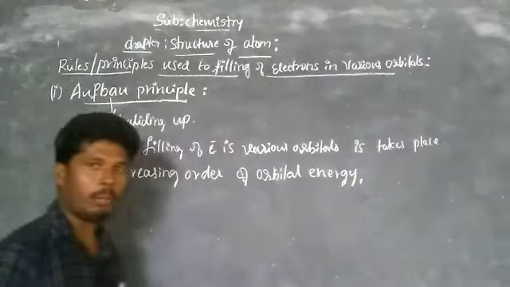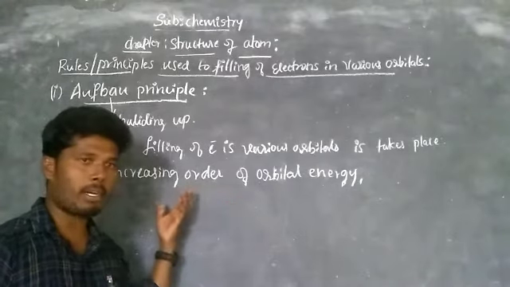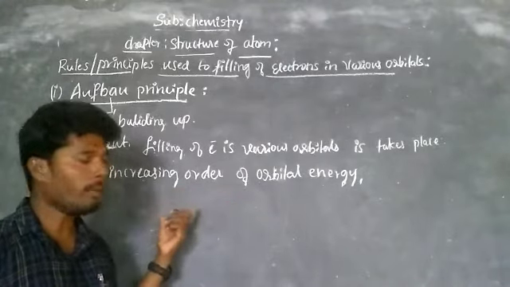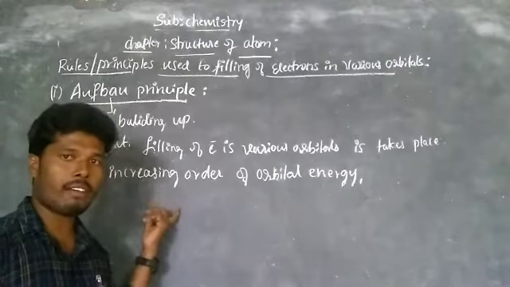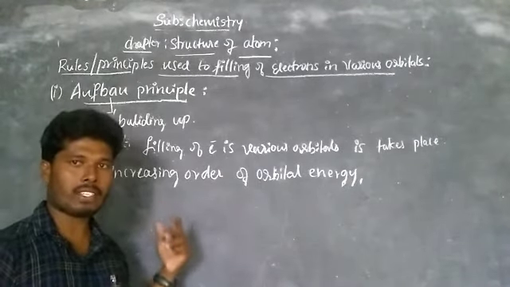It means the electrons are filled in various orbitals in their increasing order of energy. The orbital having the lowest energy is filled first, then the orbital having higher energy.